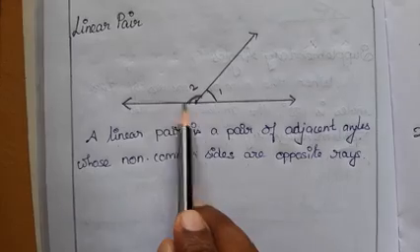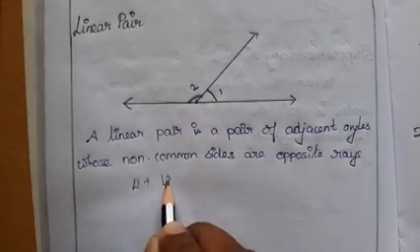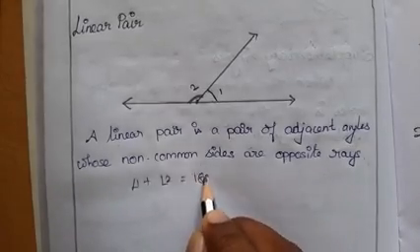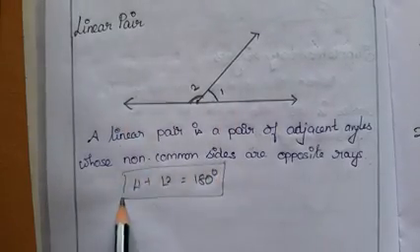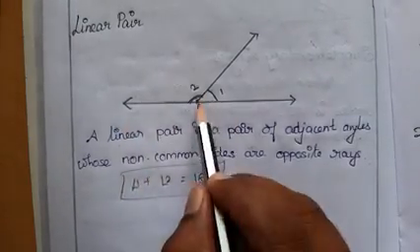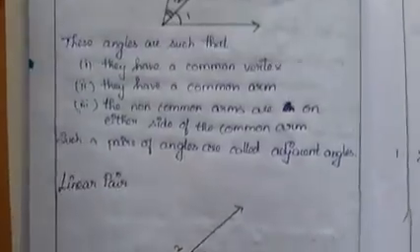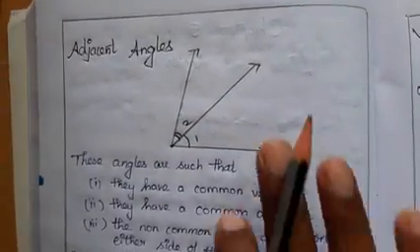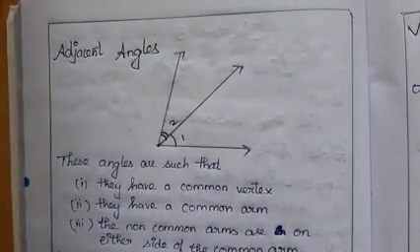Since they are opposite, it is like a straight line. So if you add angle 1 plus angle 2, we get 180 degrees, since it is a straight angle. But in adjacent angles, the sum need not be 180. It can be less than 180 or more than 180.